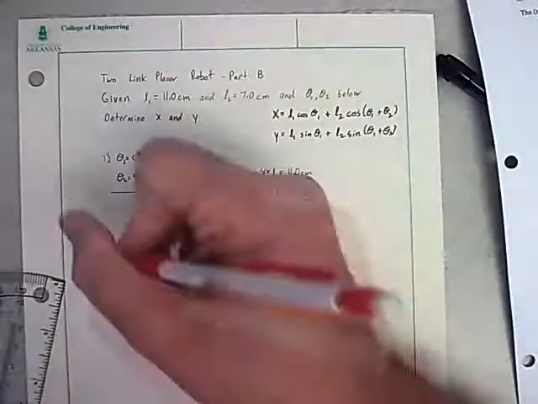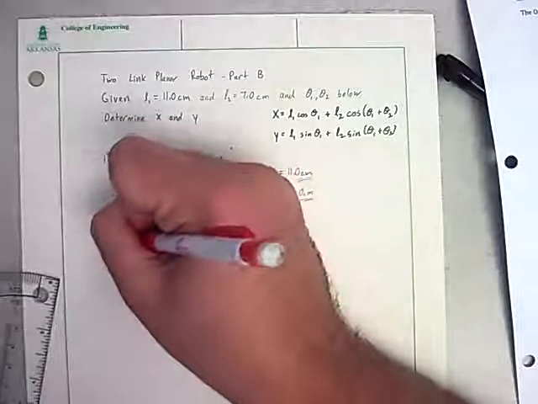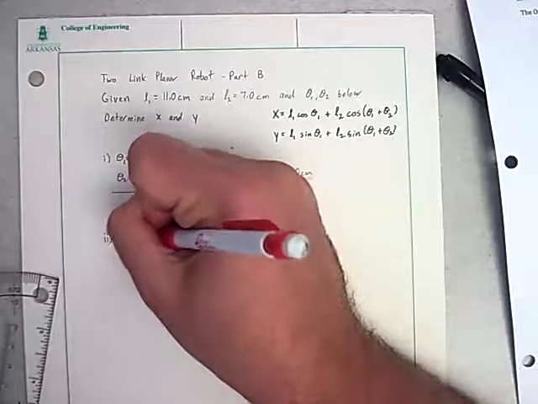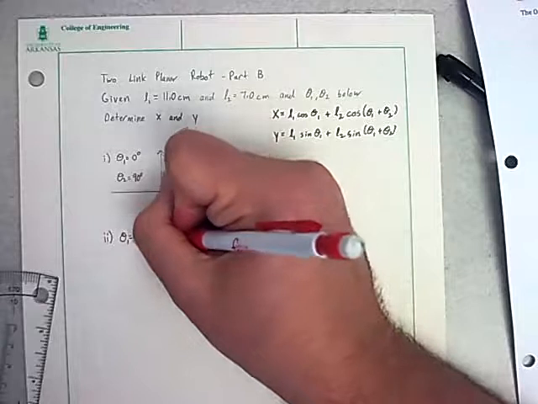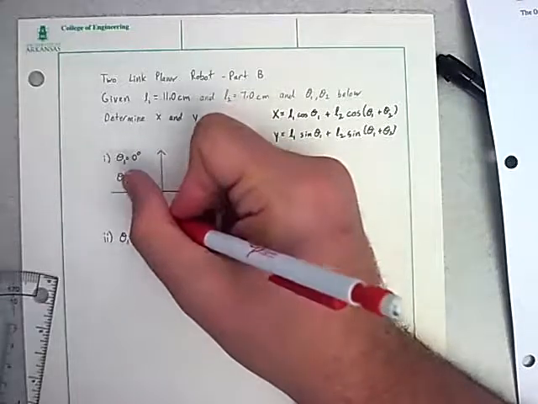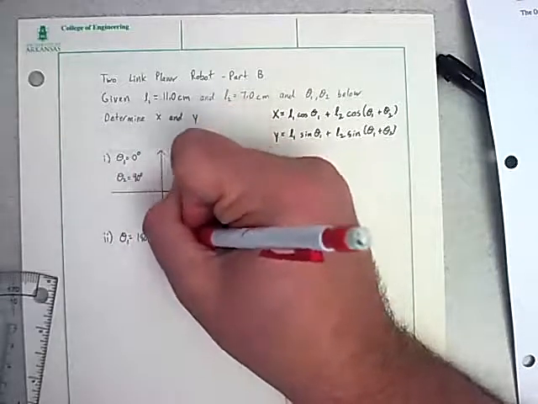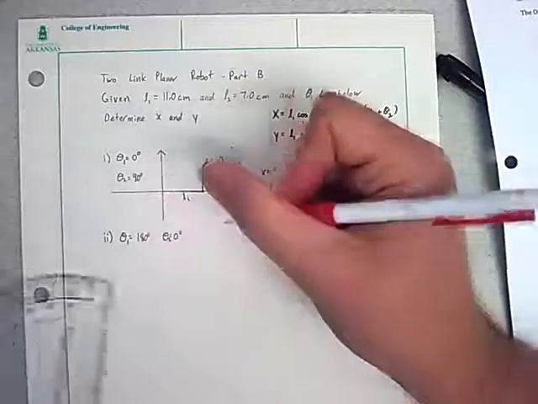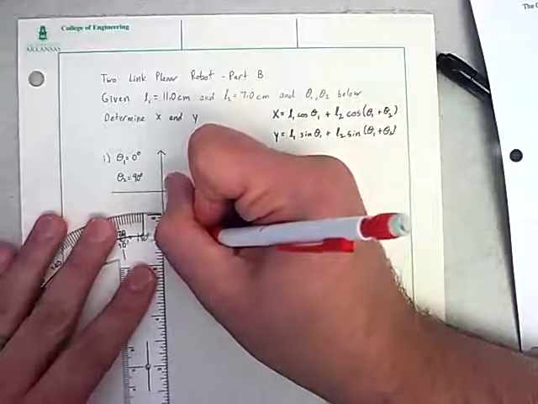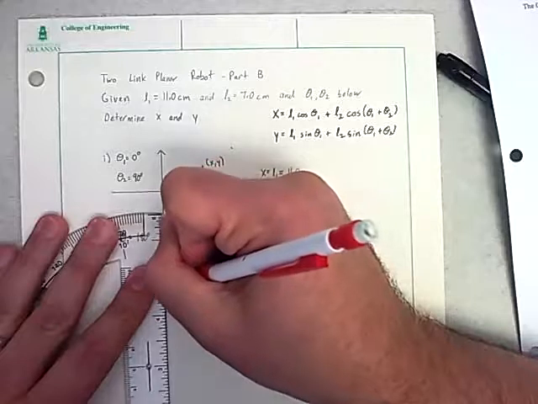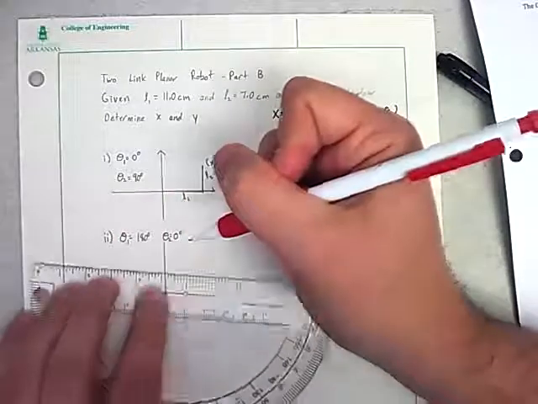Question 2: theta 1 is 180 degrees and theta 2 is 0 degrees. Alright, so again, let's draw an axis.